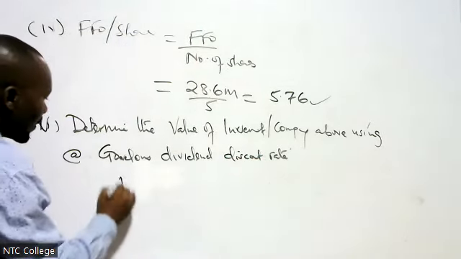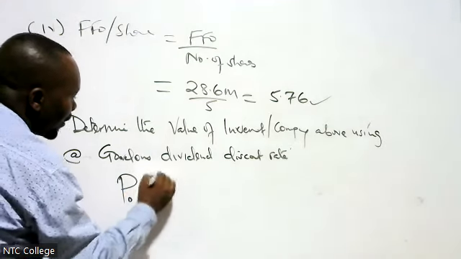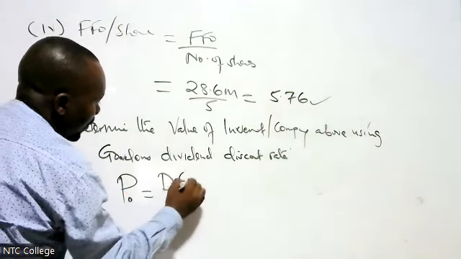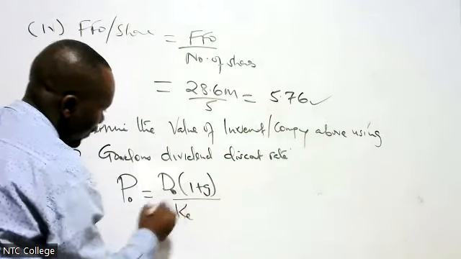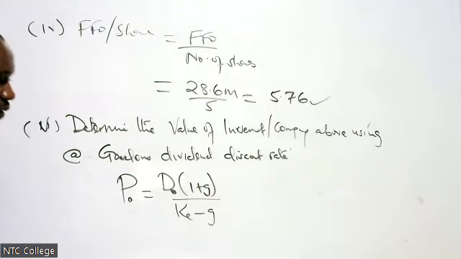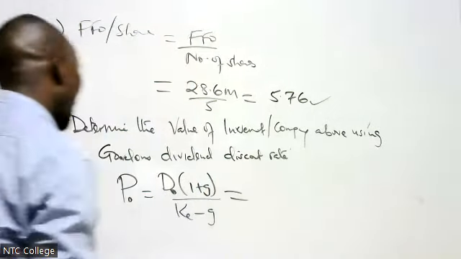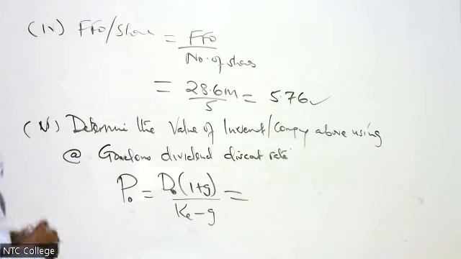This is the formula that says that P is equal to D into 1 plus G all over KE minus G. So this is now the value.